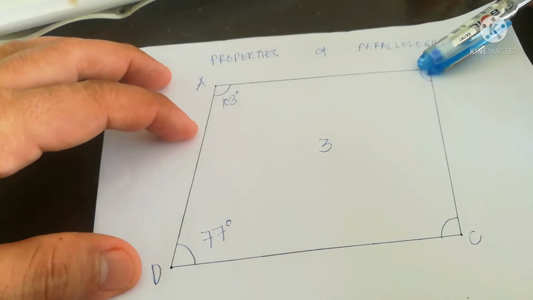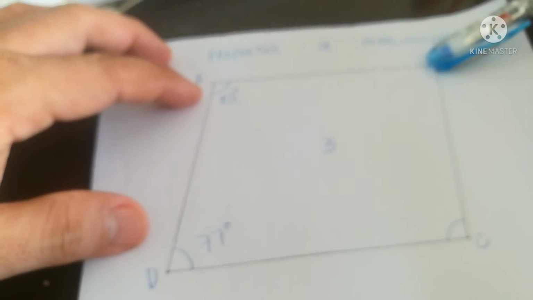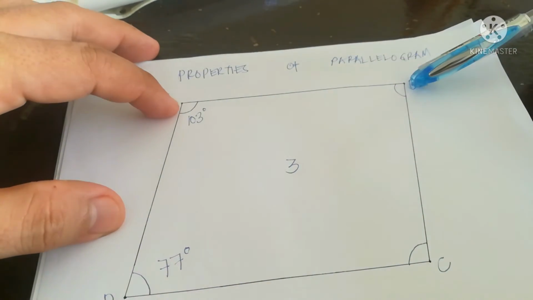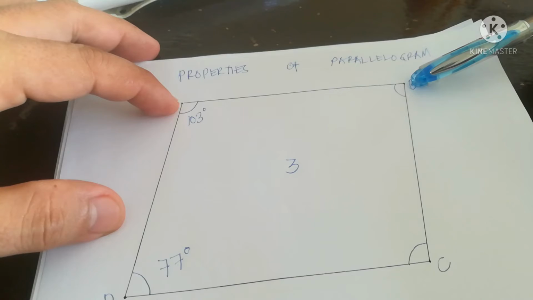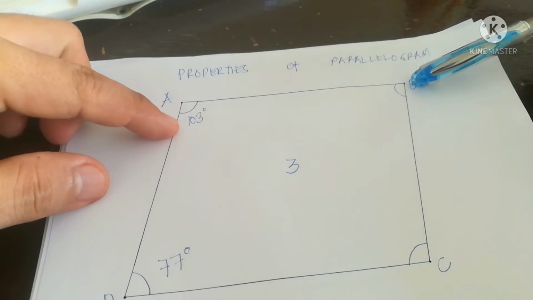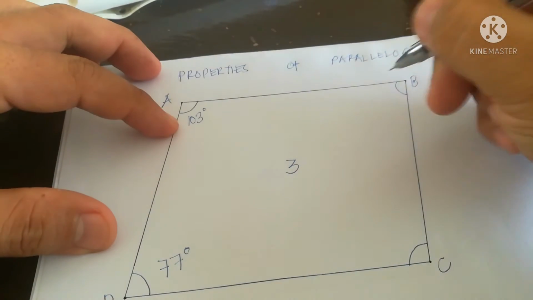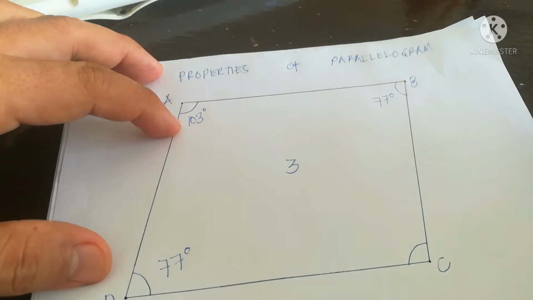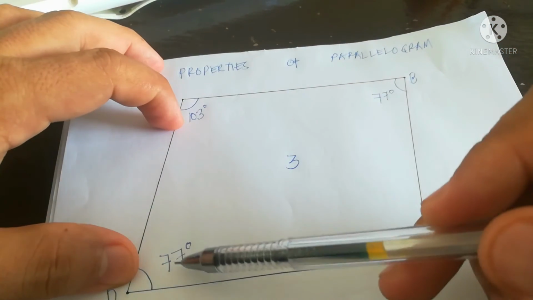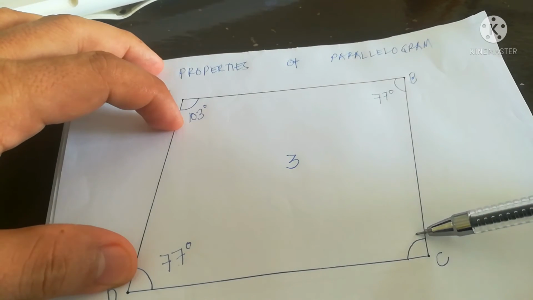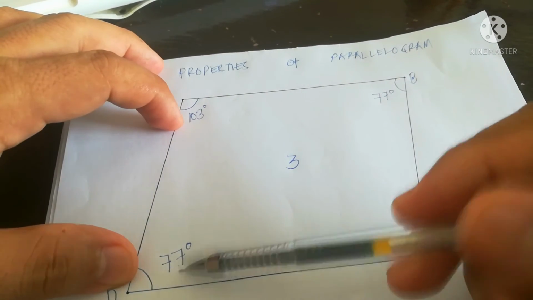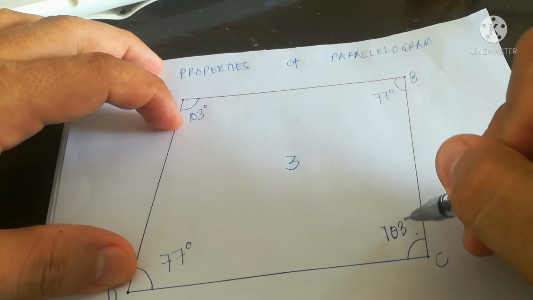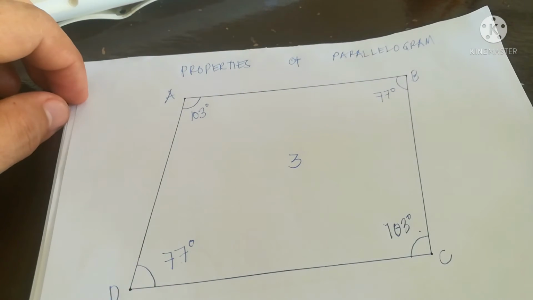How about angle B? Yes. If the sum of the two angles is 180, 180 minus 103, yes, 77 degrees. So kung diri apod 77, iyang tapad 180 degrees minus 77, which is 103 degrees.